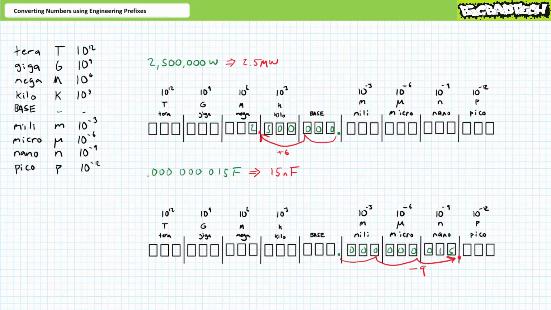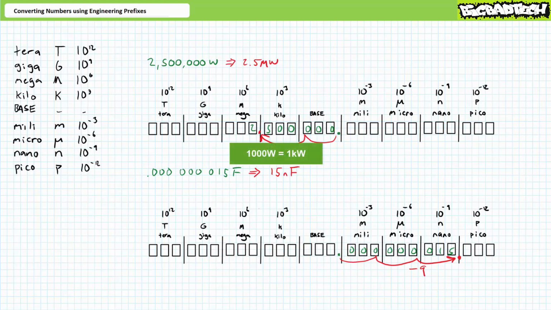Similar things can be said about engineering prefixes, albeit in a much simpler fashion. Every greater prefix is 1,000 times greater than the one below it. Just as easily said, every lower prefix is 1,000 times less than the one above it. Two prefixes away is 1,000 times 1,000, or 1,000,000 times different, and so on.